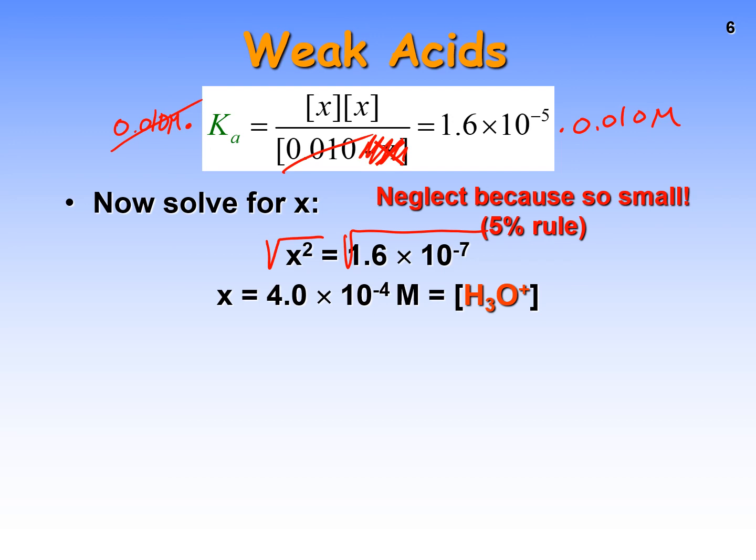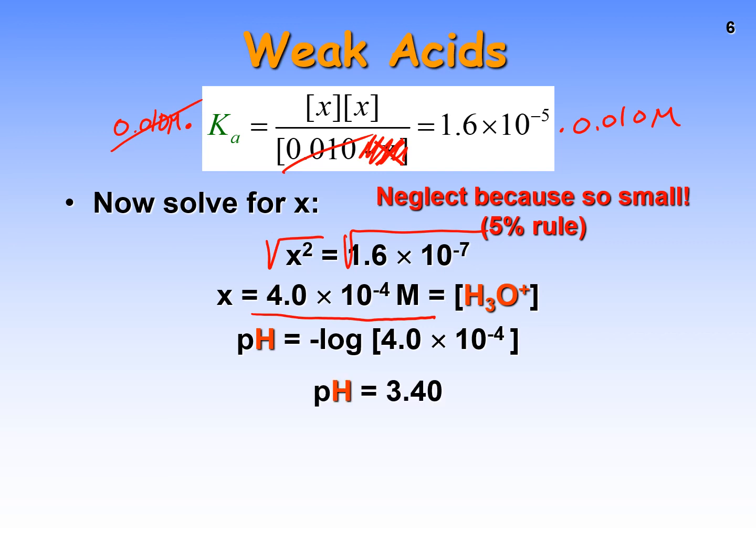If we remember back from our ice table, our H3O plus concentration was equal to x. So now that I know my equilibrium concentration of H3O plus, I just need to plug that into my pH equation, take the negative log of it, and I'll get my pH of the solution, which is 3.4.